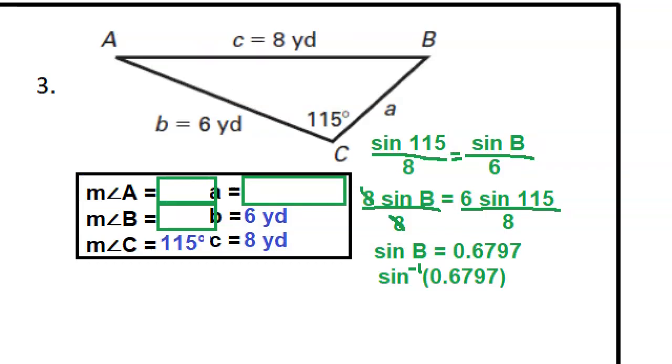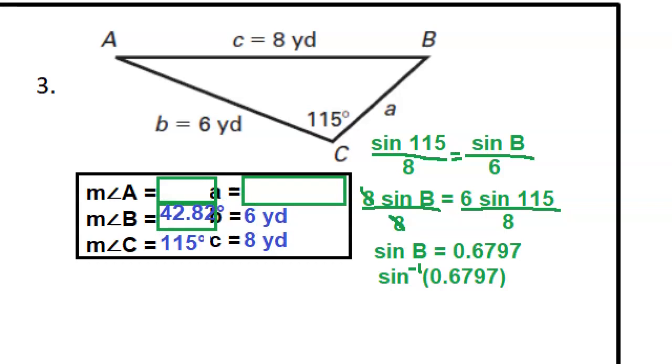All right, now I tried to put a little more room in here, and I'm not sure it worked, but that's okay. We're going to do our best here. 42.82 degrees. All right, there you go. Good enough. We'll make it work. All right.